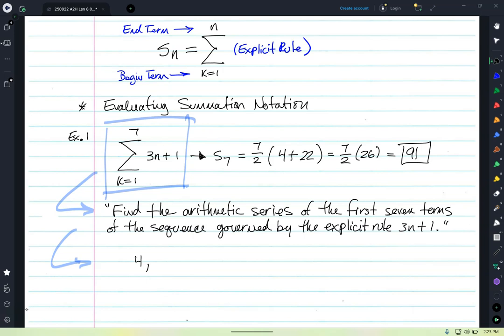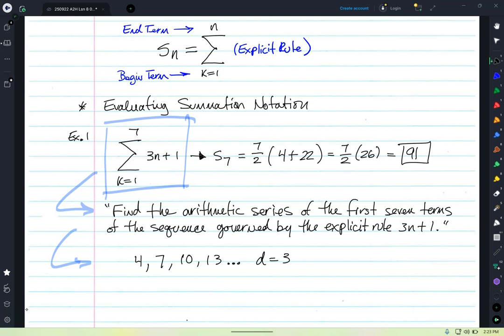But we do have the explicit formula. So what's the second number in the sequence? 7. Plug in a 2. 3 times 2 is 6 plus 1. 7. What's the third term in the sequence? What's the fourth term in the sequence? What's the common difference? 3.